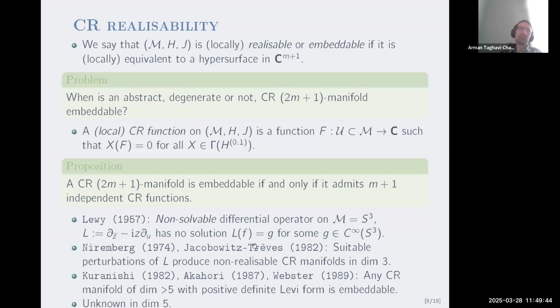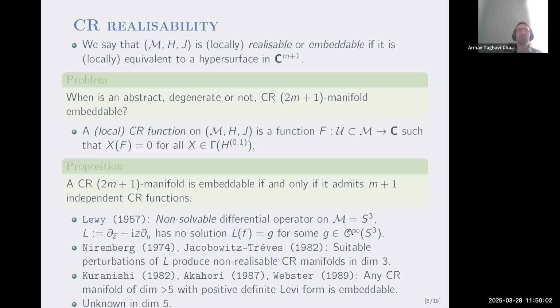Using this result, Nirenberg in 1974, and then Jakobowitz and Trèves later, showed that there are non-realizable CR manifolds in dimension 3.